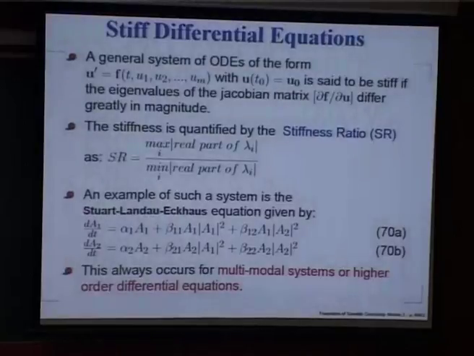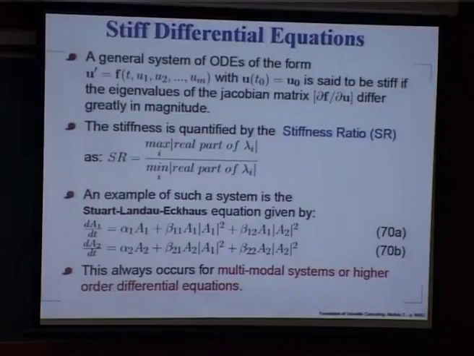For example, say we are trying to solve this vector equation, the unknowns being u1 to um, and you are prescribed some kind of an initial condition u0. In the analysis of the system, you work out the Jacobian matrix, that is the partial of f with respect to the elements of u.